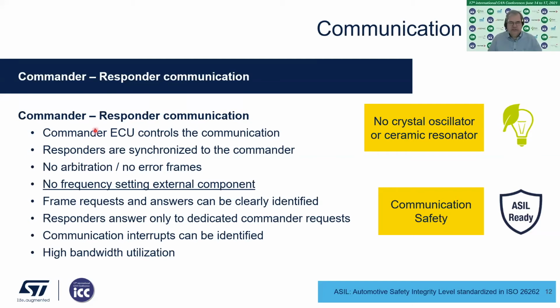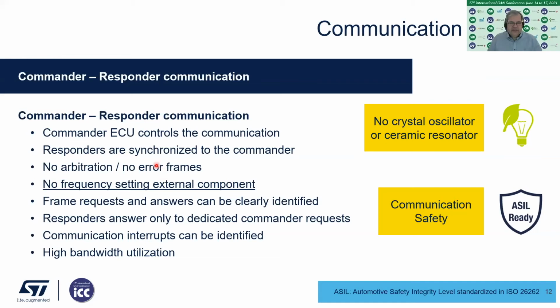Whenever the commander sends out a frame, we get the data, and then we can synchronize our internal communication timing to the frames that we receive from the commander. We do not need arbitration because of this commander-responder communication, and we do not need error frames because the communication sequence and the communication direction are clearly identifiable. So there's no need to advertise errors over the entire network.